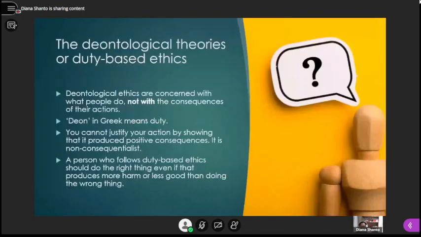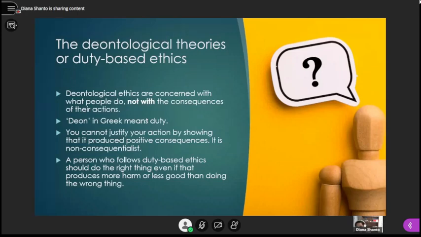The deontological theories or duty-based theories, duty-based ethics, deontological. It rings a bell because I know you have done it previously. I know students like to answer questions on deontological theories, duty-based ethics, and consequentialist.